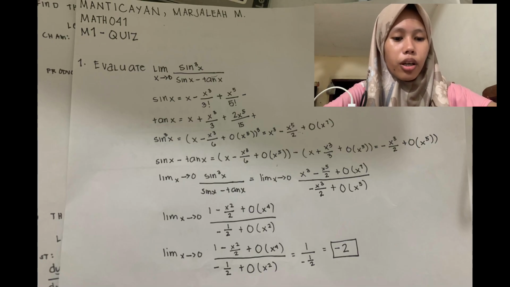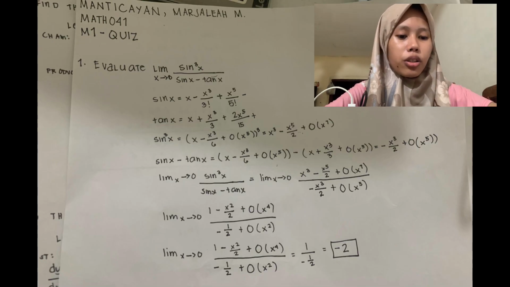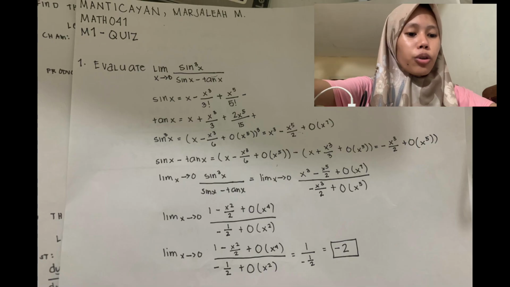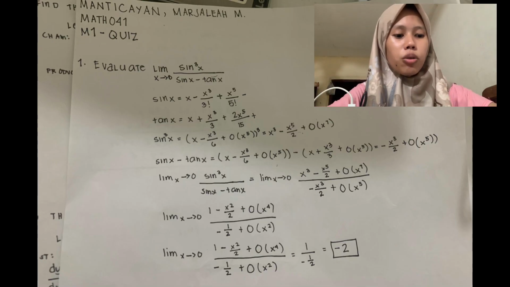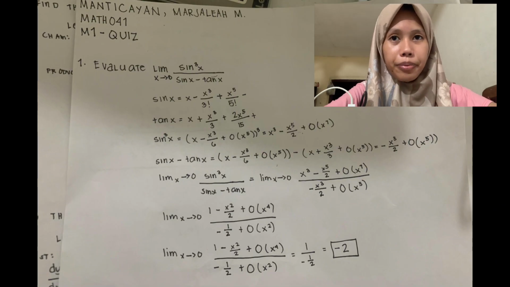is equal to x minus x cubed over 6 plus 0 x to the power of 5, cubed, equal to x cubed minus x to the power of 5 over 2 plus 0 x to the power of 7.